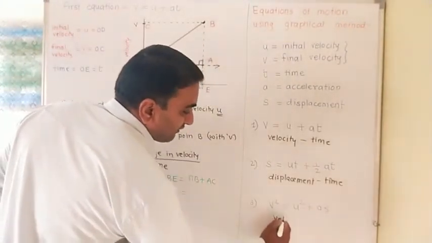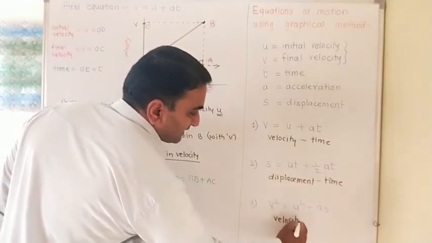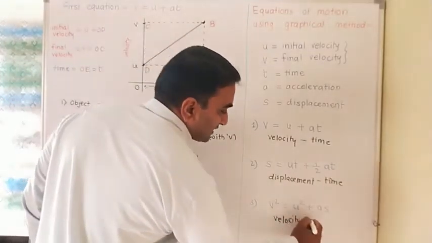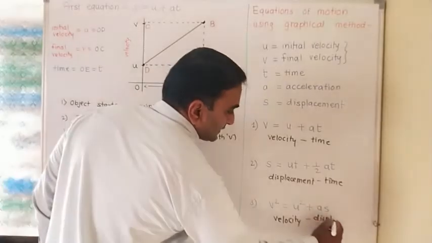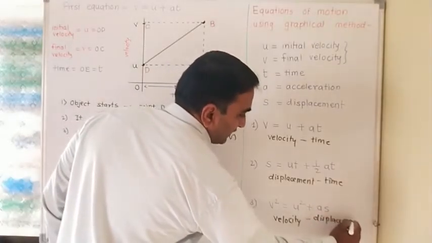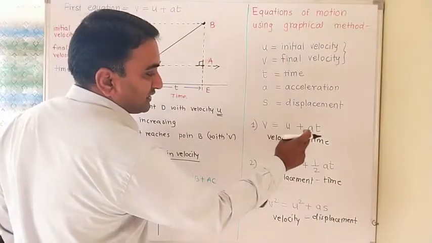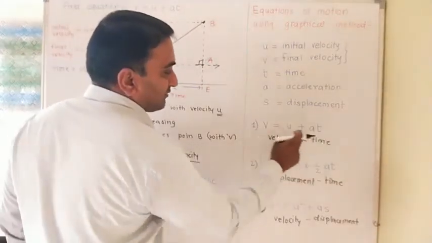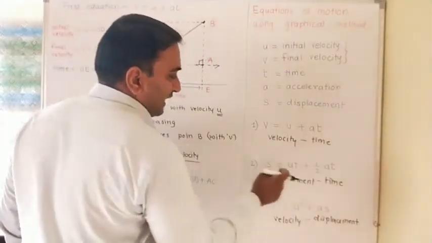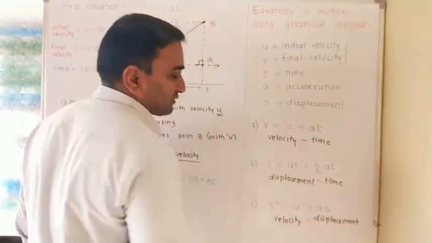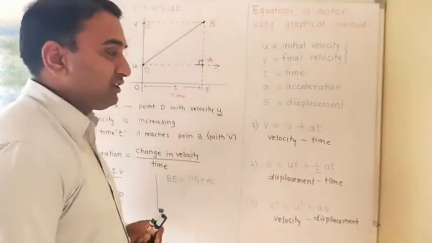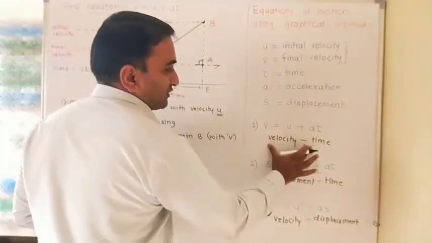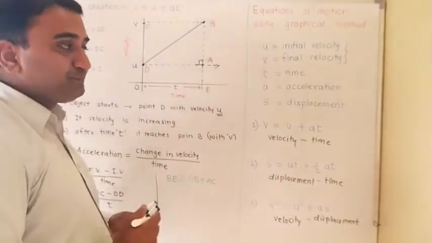So the third equation represents the relation between velocity and displacement. So see, velocity-time is the first equation, displacement-time the second equation, and velocity-displacement the third equation. Out of these we are going to discuss how the first is derived.